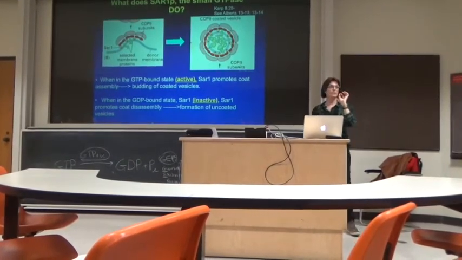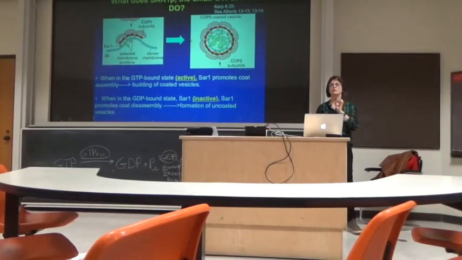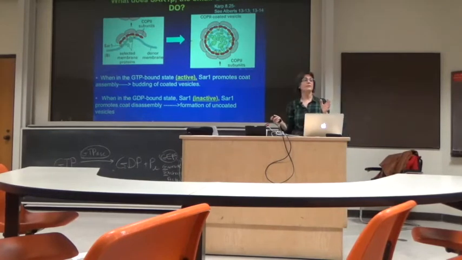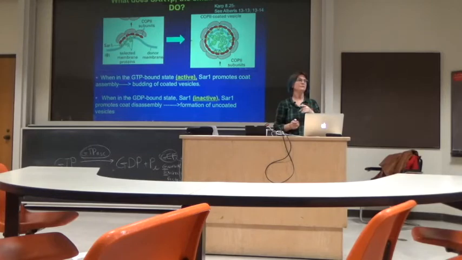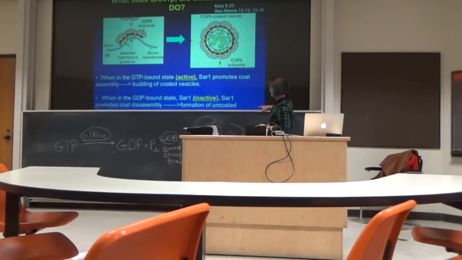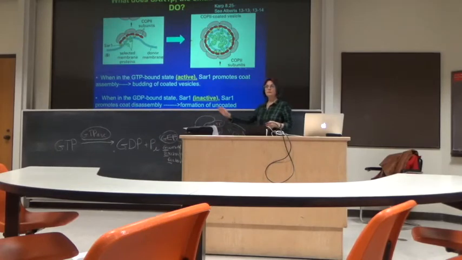So that's the name of a particular small GTPase. It was discovered in a yeast genetic screen, so it has a yeasty name, which is meaningless. The P means the protein instead of the gene. So the SAR1 gene, the SAR1 protein, SAR1p, is a small GTPase that undergoes this cycle.